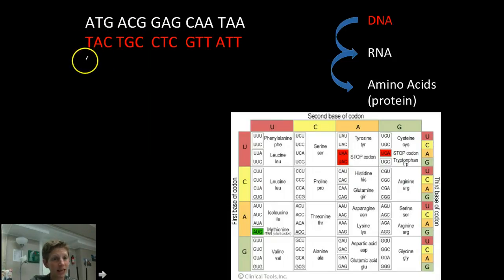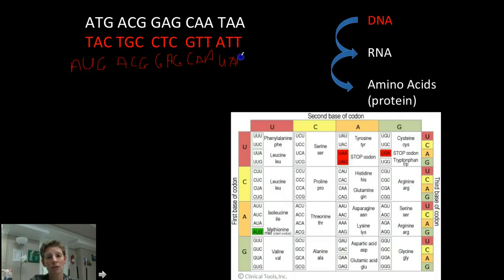So if we have this T, that is not going to be a T anymore. That's going to be a, or that's not going to, oh yeah it is. Oh, I just messed that up, sorry. The T will bond with A, but the A will bond with U. C will bond with G. T will bond with A, G will bond with C, C will bond with G, C will bond with G, T will bond with A, C with G, C, A. Now this is the difference here again, U instead of a T, and then two more A's.